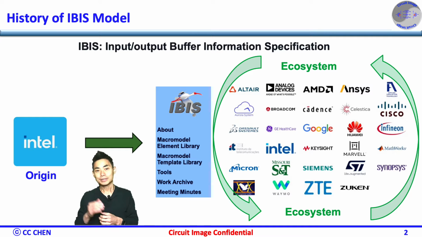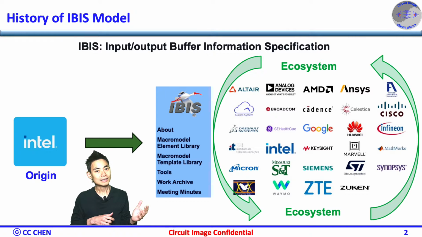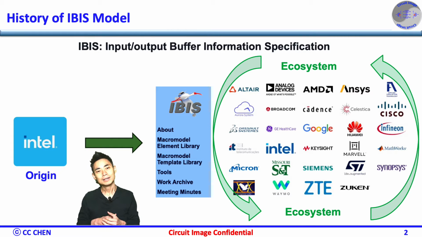IBIS stands for Input-Output Buffer Information Specification, which originated from Intel, but the IBIS standard is driven by the IBIS Forum with members including system, measurement equipment manufacturers, semiconductor, and EDA vendors, etc. The IBIS model should represent the characteristic or behavior of the device, such that IC vendors can provide it to their customers for any system verification during the design or validation phases.